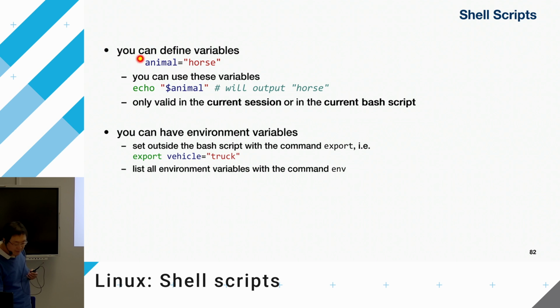Then you have defined a variable with the variable name animal and the value horse. You can then use those variables by prefixing the name of the variable with $, and then use echo to print it out. You will see that horse is printed out to your monitor.